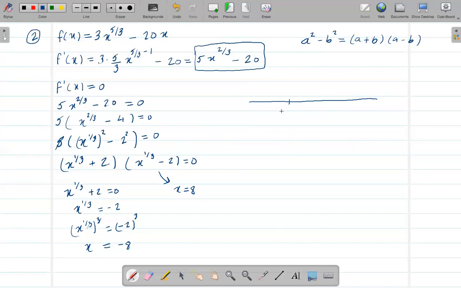To find whether these two are critical numbers or not, we have to plug this into the original equation and see if we get a number from there, whatever it is. In that case, we can say, okay, these two are critical numbers.